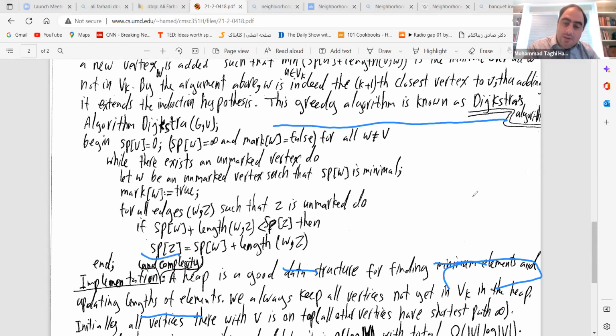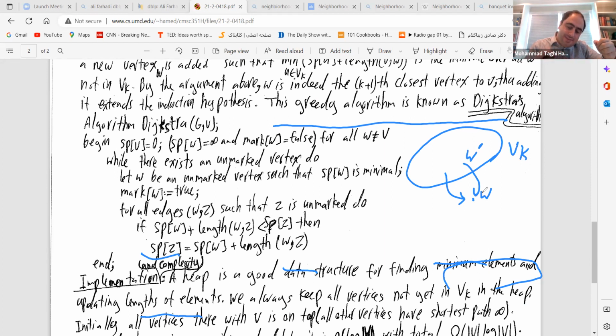If you consider W itself, it also has some incoming vertices, you may call them W prime. So when we add W prime to VK, then we also update SP of W. So in some sense, the SP of a vertex will be updated whenever we are considering incoming edges to this vertex. Good?